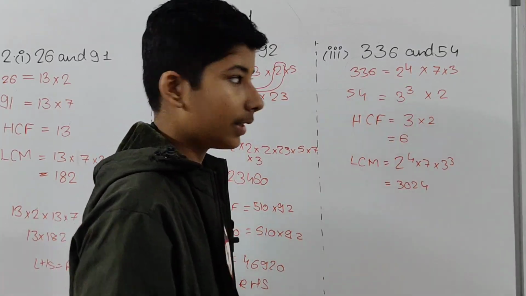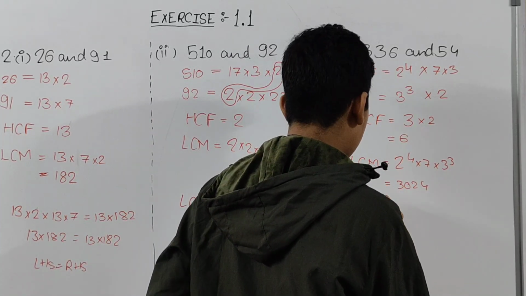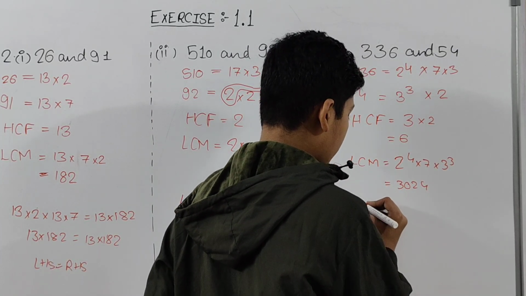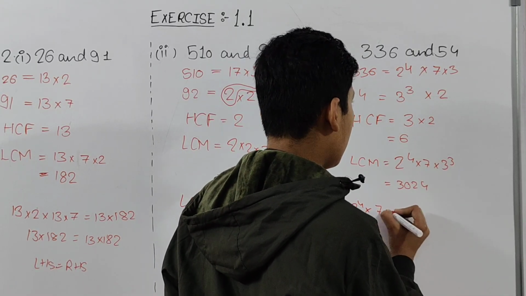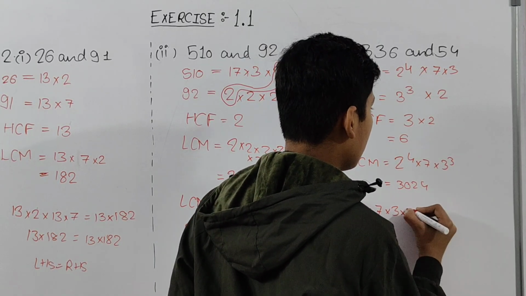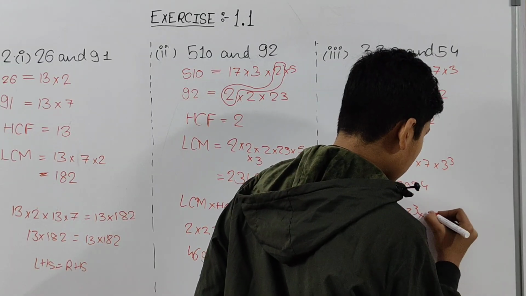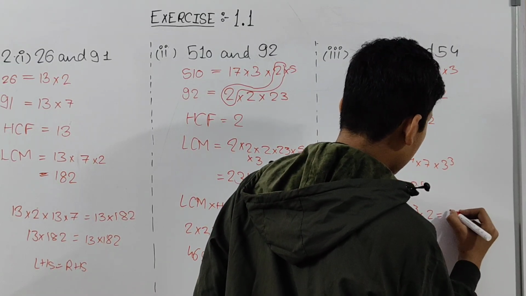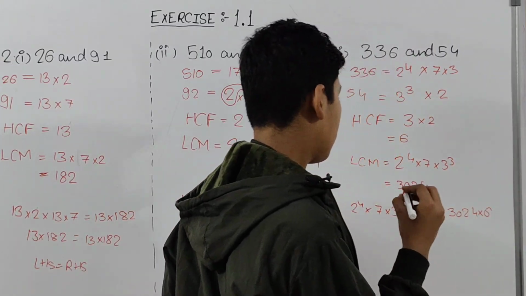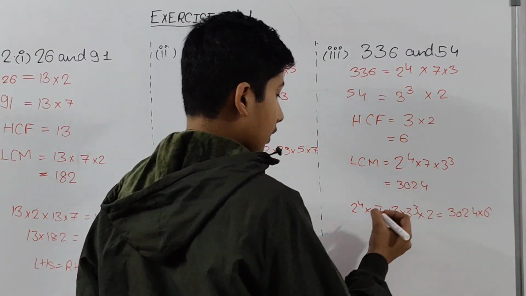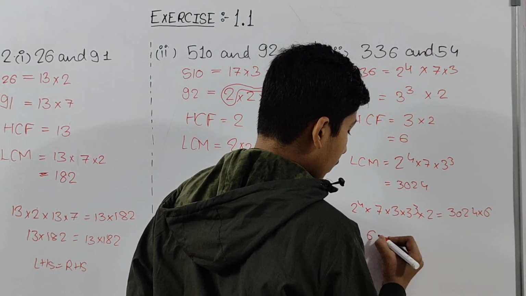Now we have to verify this. To verify this, we will do 2 power 4 into 7 into 3 cube into 2, which will be equals to 3024 into 6. When we solve this, here 3 into 2, this will be 6.